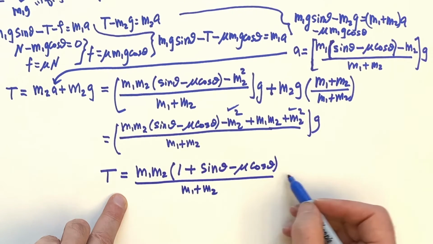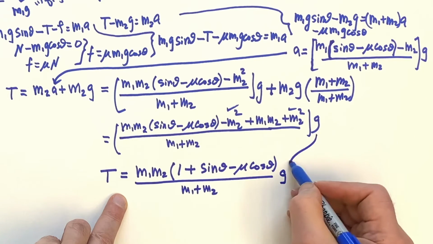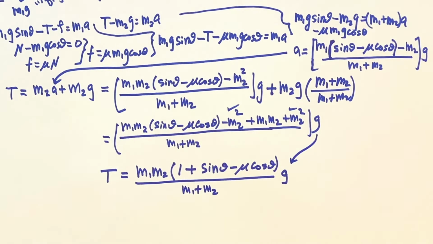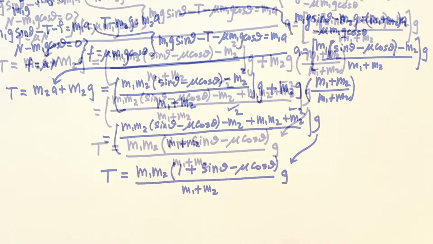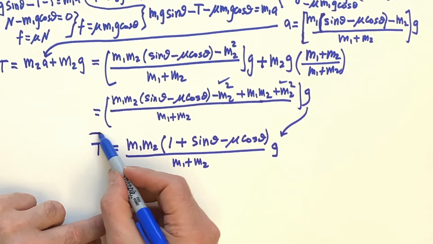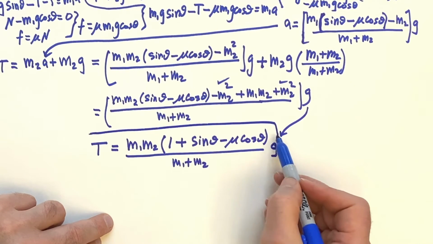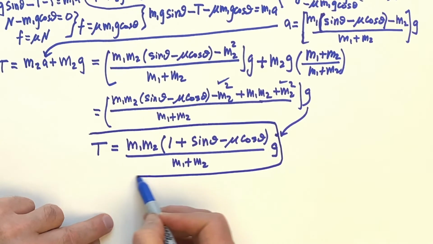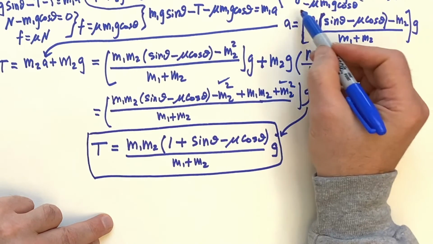And that's going to be hitting the G from here. So that's it. So these are the two equations. We have this one for the tension, and we have this one for the acceleration.